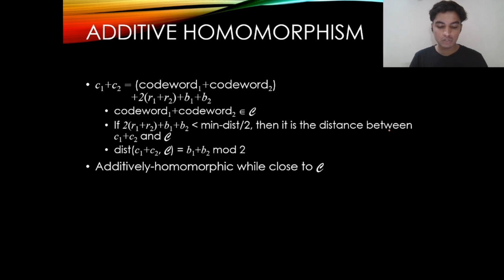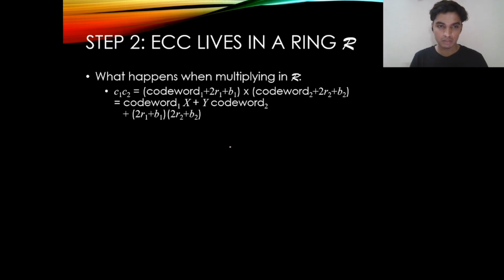If noise is small, the sum remains close to the code. Hence, we can recover B1 XOR B2 from the resulting ciphertext. So this gives the distance. Addition works cleanly while error remains within correctable limits.